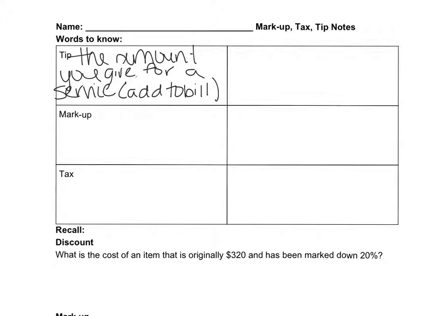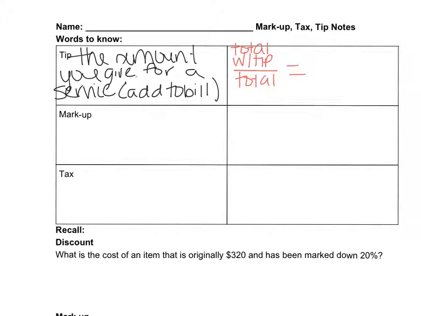So the words that I like to use for this one would be on the top, my total with tip. On the bottom is just my total. So that's what they give to me on the bill before I even pay a tip.